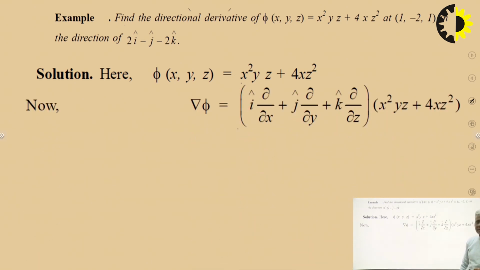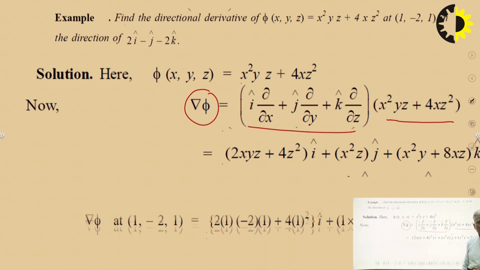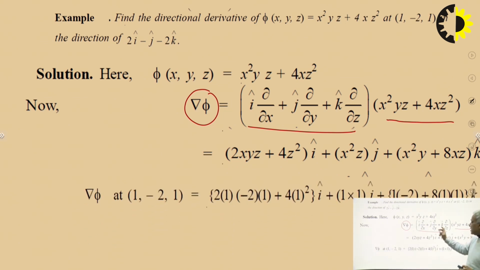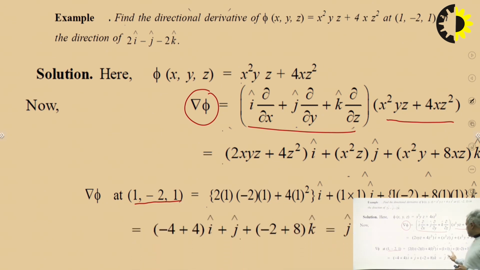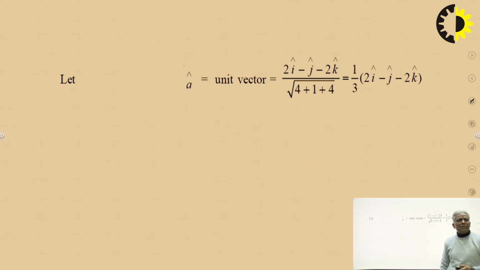First of all, I calculate the gradient, that means del phi, putting the value of del and the scalar point function, and calculate the differentiation with respect to x, y, and z at the point (1, -2, 1). After the calculation, we obtain the vector n, which is in terms of i, j and 6 k cap.